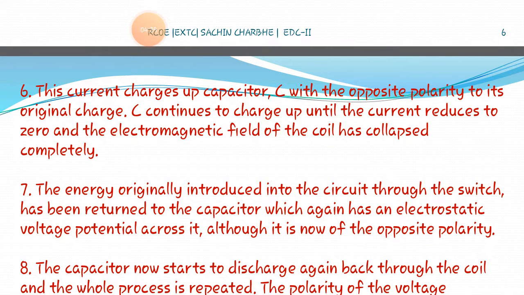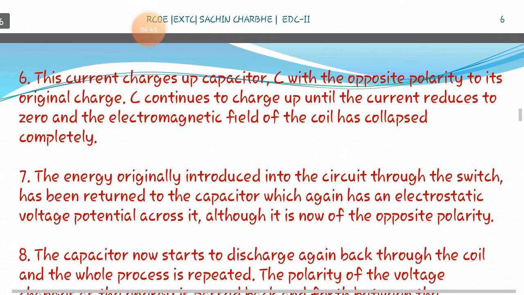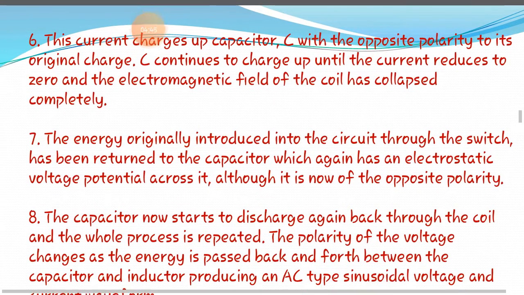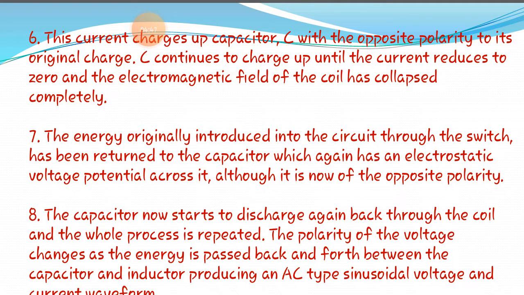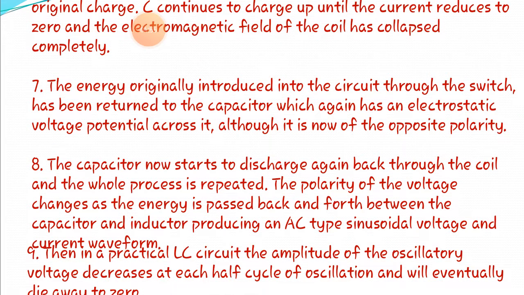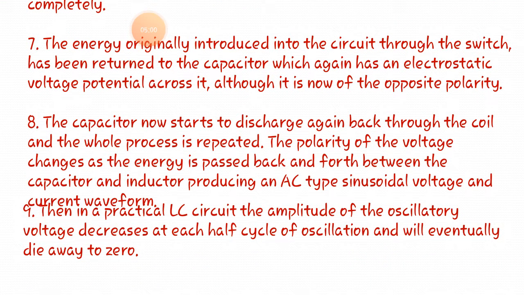This current charges up capacitor C with the opposite polarity to its original charge. Then C continues to charge up until the current reduces to 0 and the electromagnetic field of the coil has collapsed completely. The energy originally introduced into the circuit through the switch has been returned to the capacitor, which again has an electrostatic voltage potential across it.